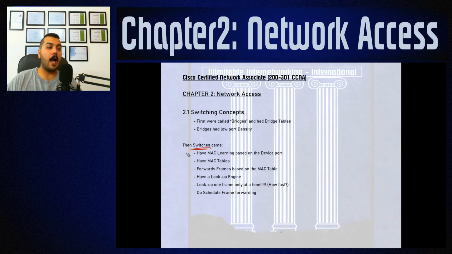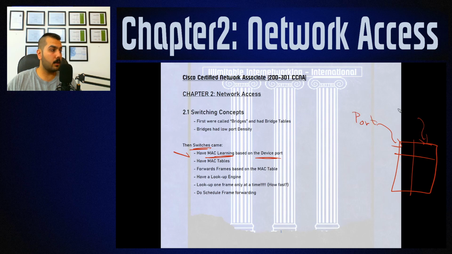Switches have MAC learning based on the device port, just like bridges. Now we have a table: this is the port and this one is the MAC address. So to reach such a MAC address, I will switch my frame to port number 1; for another MAC address, I will switch my frame to port number 3, and so on.